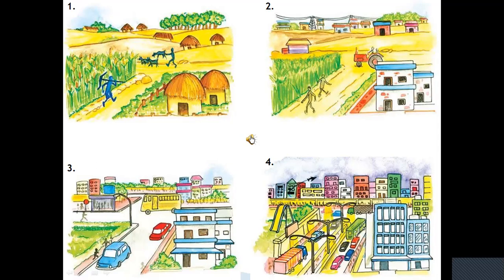In the fourth picture, you would not be seeing any agricultural area or farm over there. It is a typical metro city sort of picture where you would be seeing the high-rise buildings, traffic of motors and all.